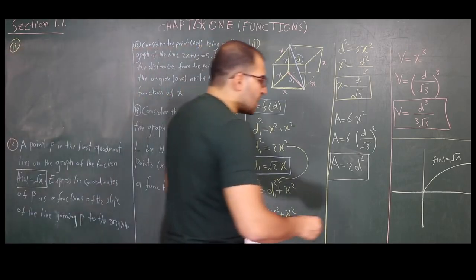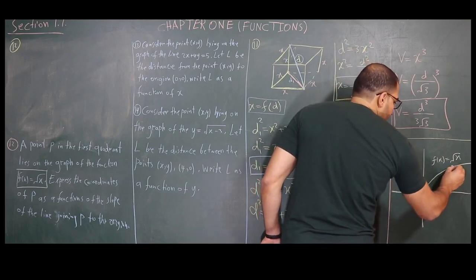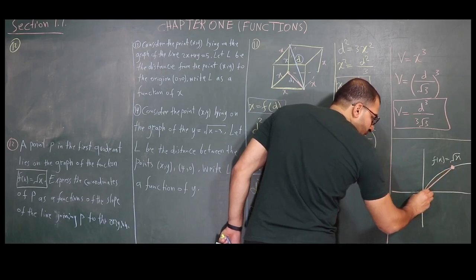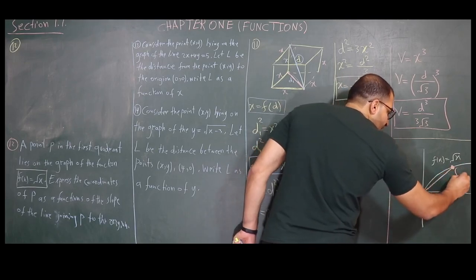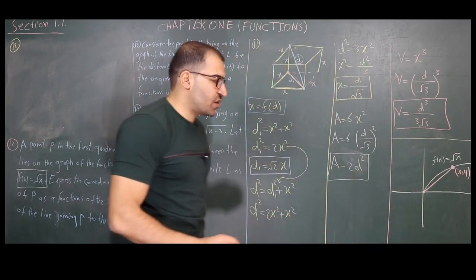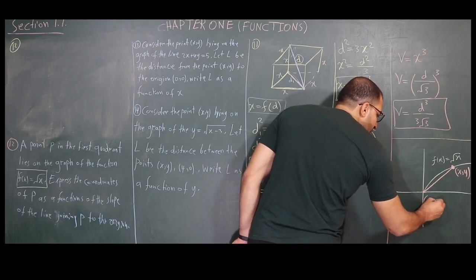So imagine that we have P here, just a point, and we have a line that connects. This point has x and y as its coordinates, and we have the coordinates of the origin, which is 0, 0.